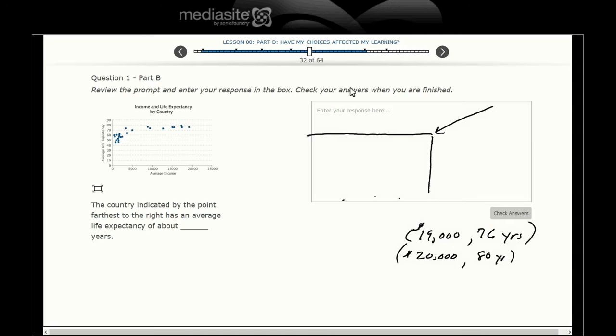Let's see. View the prompt. The country indicated by the point farthest to the right. So again, that'd be this guy, which would go along with the 20,000. So that'd be 80 years. So $20,000, 80 years.